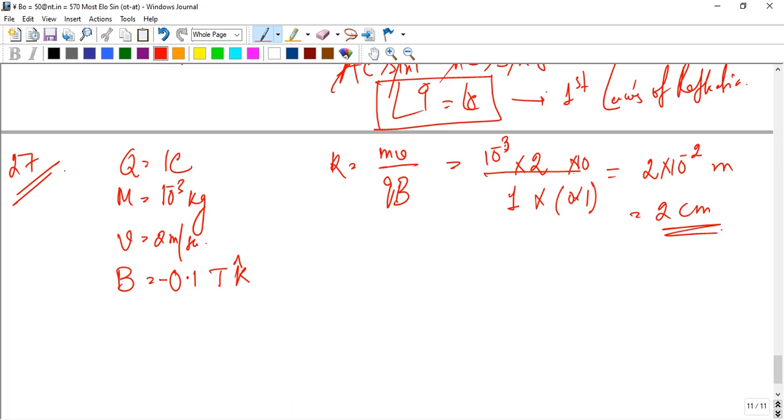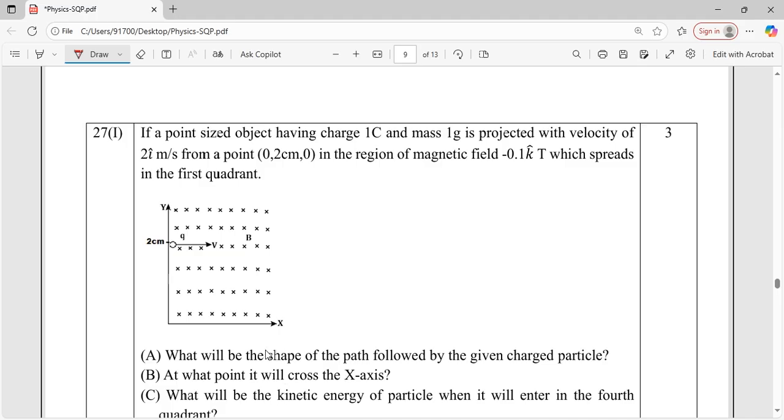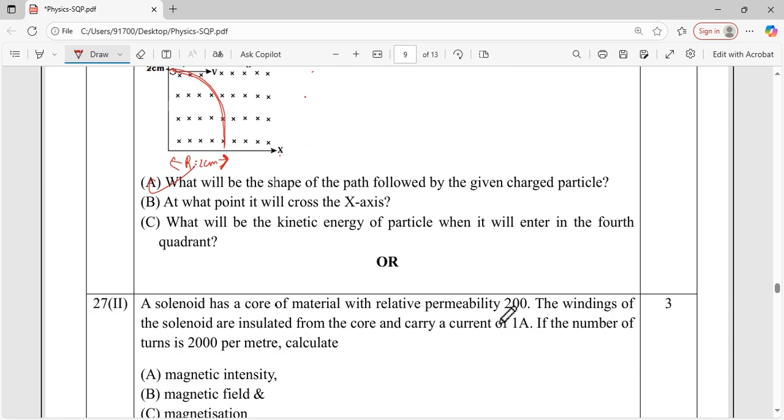Since the radius R is 2 centimeter, the bending looks like this. What will be the shape of the path followed by the charged particle? It is a quarter circle.